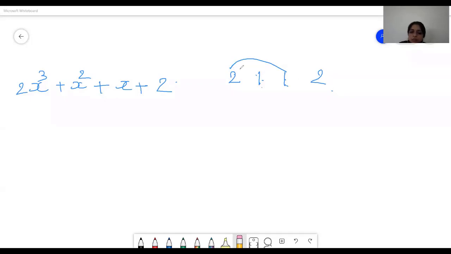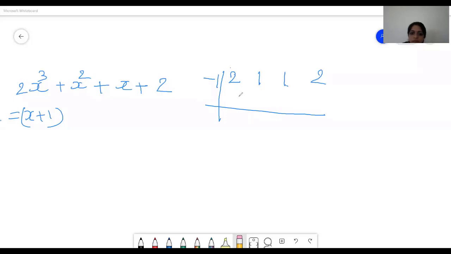So both are the same, it means as per the rule, one root is x plus 1. Here the one root is x plus 1.